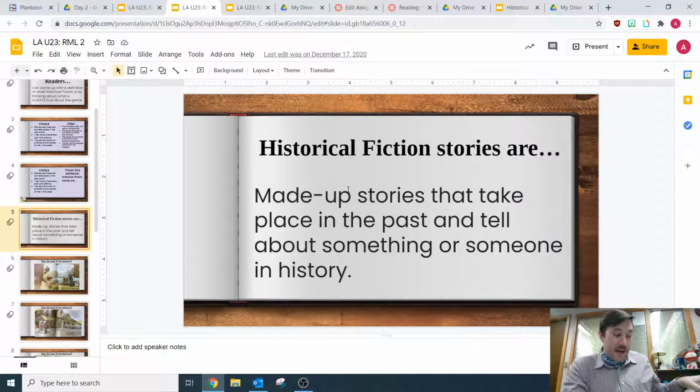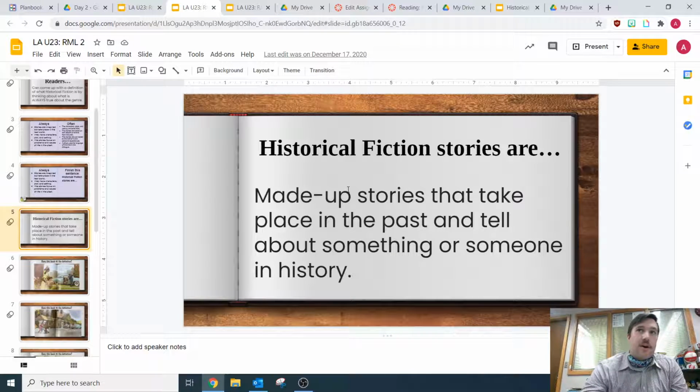The main character, the protagonist, is not a real character, but they are a made-up character in a real world where the events that are happening around them all happened in real life, or most of them did. The eruption at Pompeii actually happened, so that would be the true event. The made-up part would be that the character was there and the things that the character did.